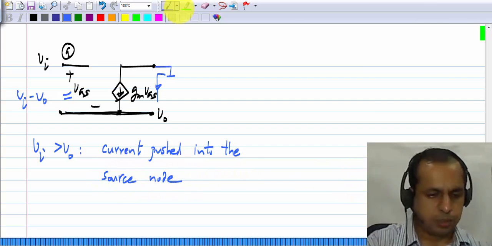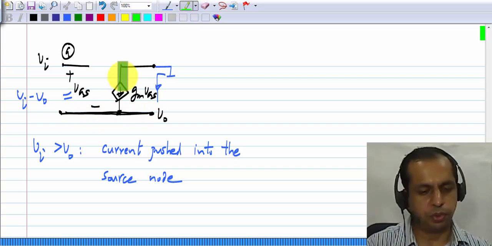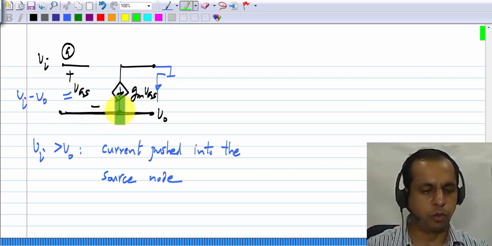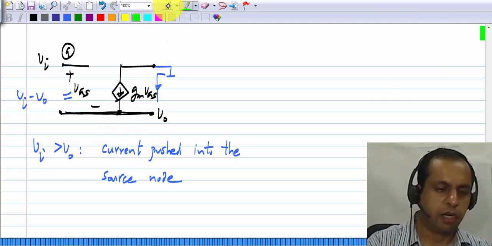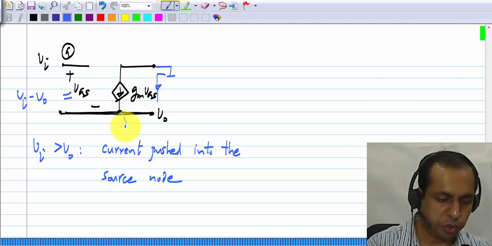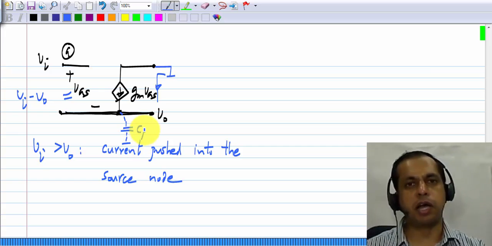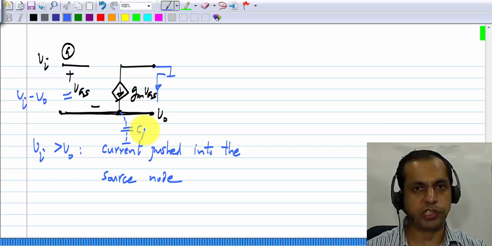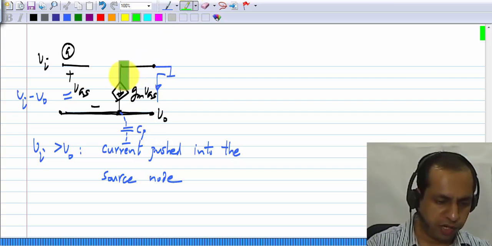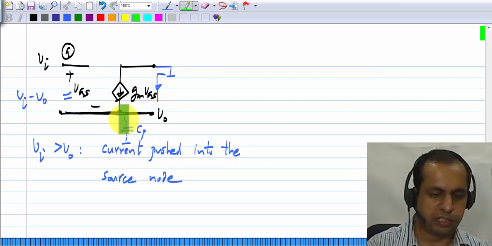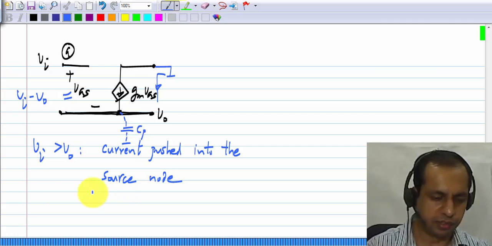And as before, remember, at the source there is only the current source. So you may be wondering how Kirchhoff's current law is satisfied, but as with other negative feedback circuits, you imagine a parasitic capacitor here, and this can be arbitrarily small. It doesn't matter how much it is. The point is, if current is pushed into this node, it goes into the capacitor, and V0 gradually increases.